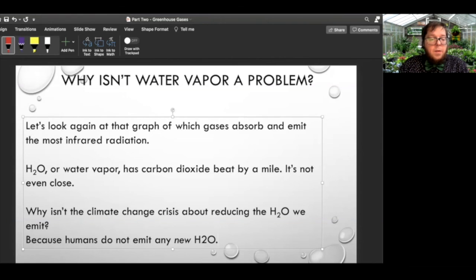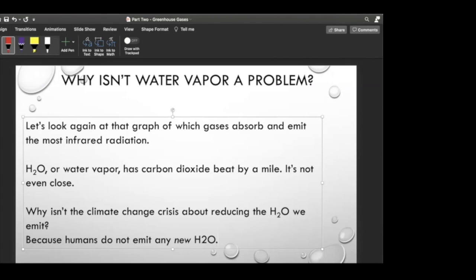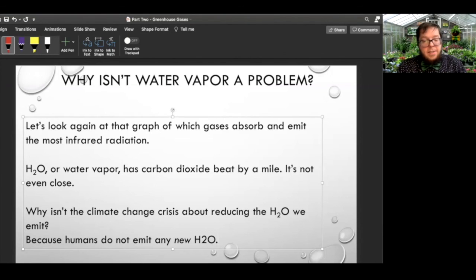Sure enough, we put out a bunch of water vapor from some of our activities, but the water cycle was already there. We are not really making a dent in the water cycle or really any substantive changes to the water cycle as it exists, as it has historically and geologically existed.